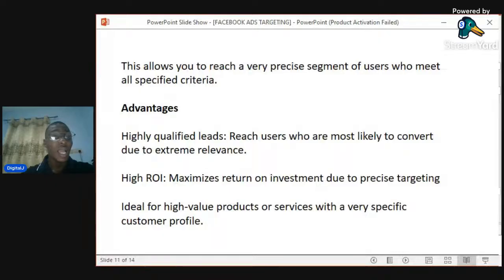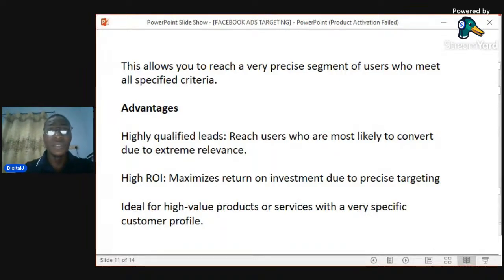That is when you use narrow targeting most times, when you are selling products and services that are very expensive. Let's say for instance real estate. Real estate is a very good example.